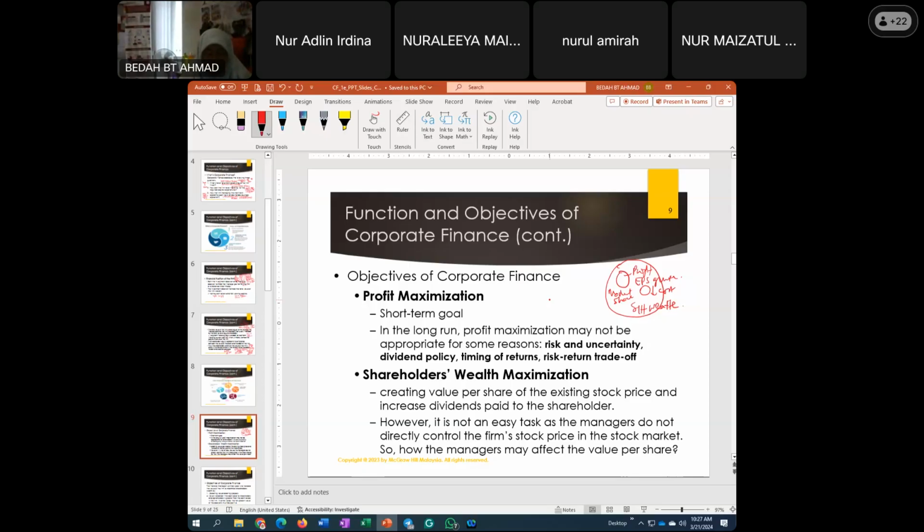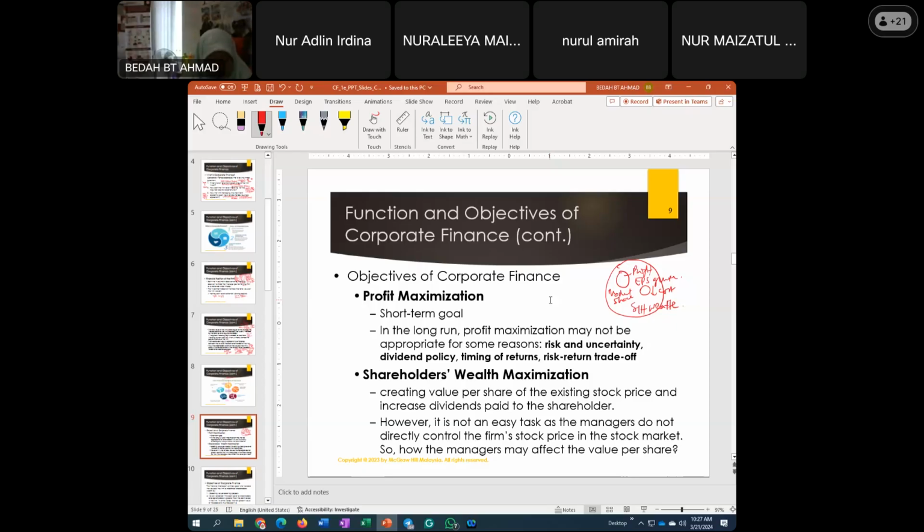Shareholders, on the other hand, are very interested in the level of risk, and maximizing a profit may be achieved by raising the risk to unacceptable levels, because we see that high risk, high return. So if the company wants to venture into a high risk project, shareholders are expecting to have higher returns, but profit maximization does not recognize that.